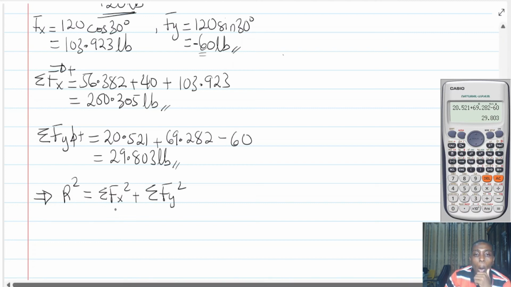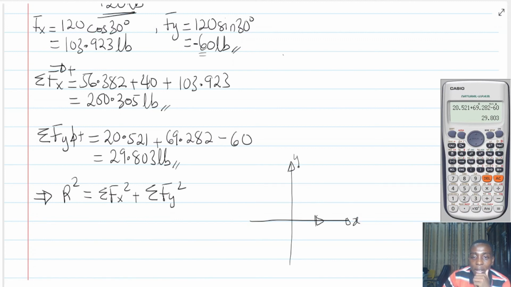To illustrate this, I have a quadrant here, so let's say this is my x and this is my y. I have 200.305 along the x, and then I have 29.803 here. And so the resultant is this one.